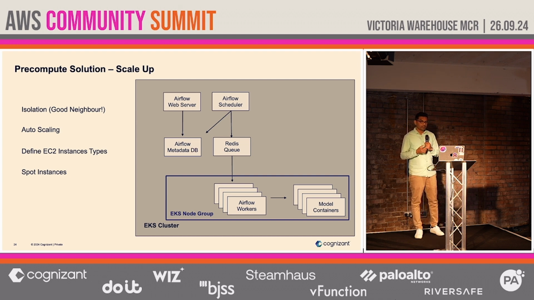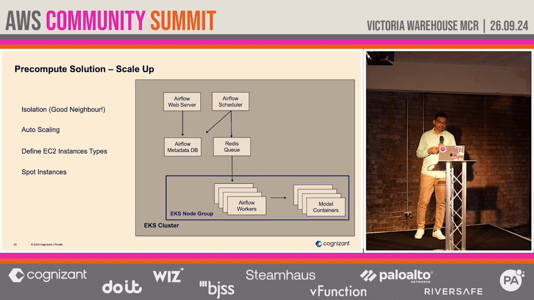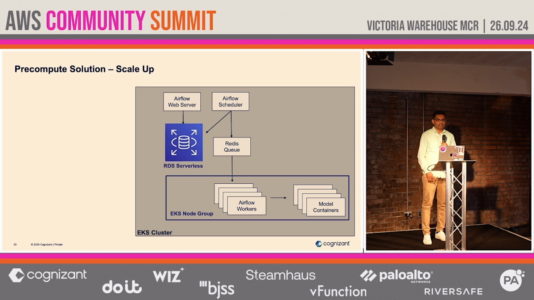Once that is done, the next thing we looked at was the Airflow metadata database. And we noticed that it had become a bottleneck. If you were at the previous presentation from Luca, he was mentioning the DB connections on Postgres, which is kind of the same issue we landed on. So we replaced the Airflow metadata service, which was initially running as a pod on the Kubernetes cluster, with an external RDS server.